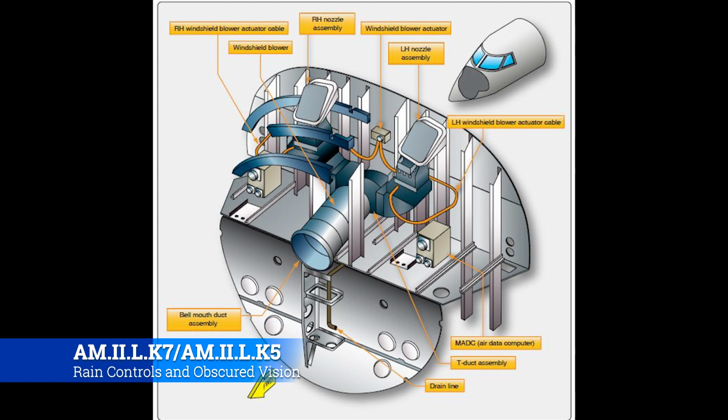Now, I will tell you, of all these different rain control systems, most of the time you rarely mess with them. The defog blowers, though, absolutely get messed with on a regular basis. It seems like they always want to go out for one reason or another. Even on the OH-58, where we basically flew without doors and stuff, we always seemed to be replacing these defog blower motors, and they were an absolute pain.